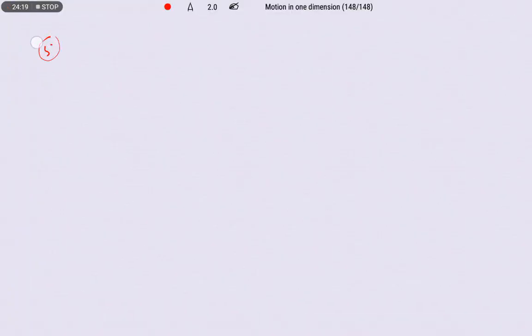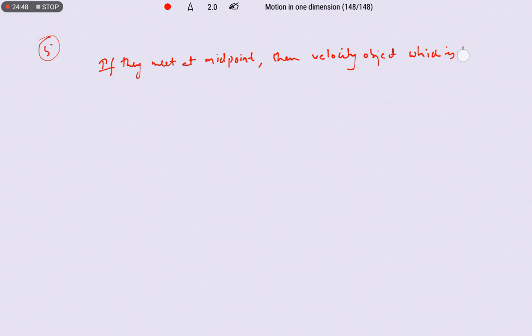Right, let us extend the same application. Suppose they meet at the midpoint, then the velocity of the object which is thrown upwards.